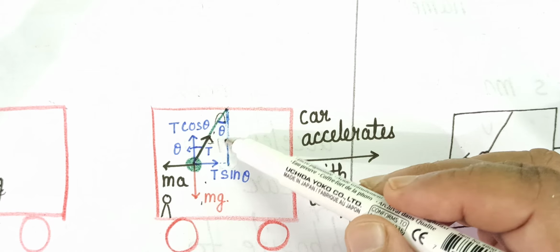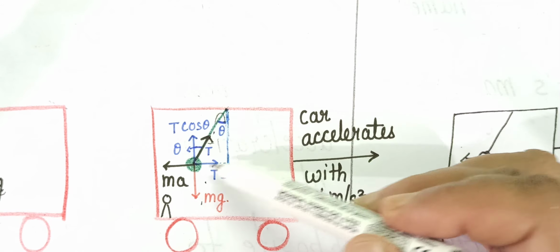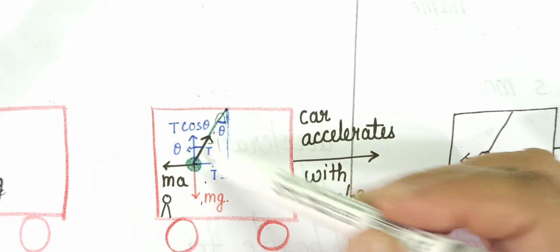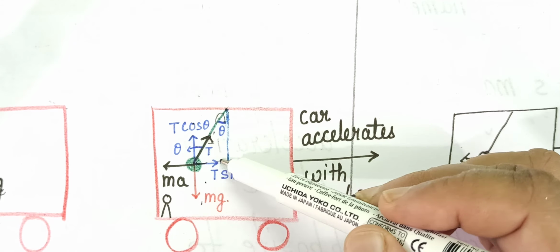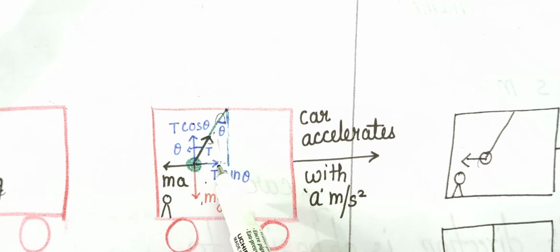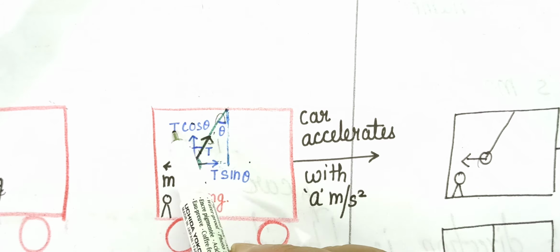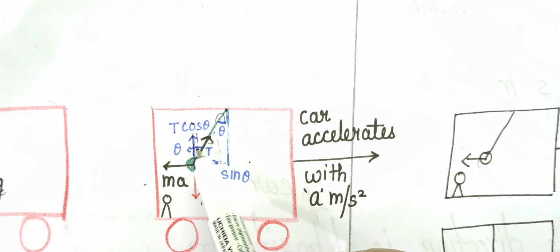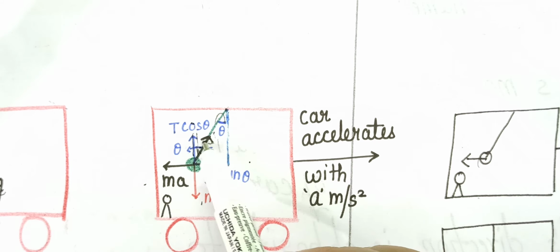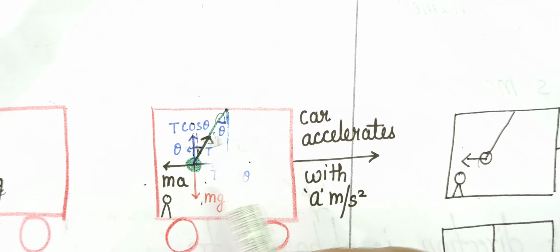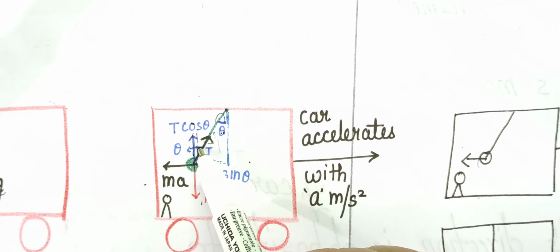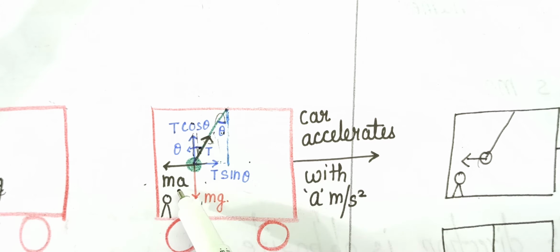If the pendulum makes angle theta with the vertical, then the tension force can be resolved in two directions, one which is T sin theta and the other which is T cos theta. We know that the component which has angle theta with the main force is the cos component, and we can easily understand that if this is theta, then the alternate angle will also be theta.